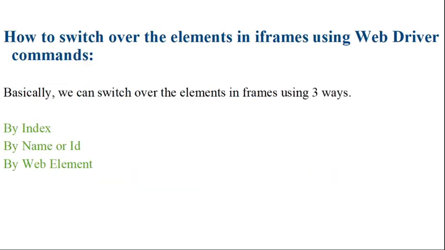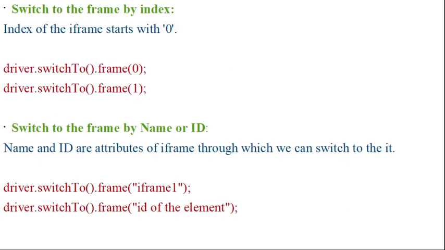Basically there are three ways to handle it. First is by index, second is by name or ID, and the third one is by web element. When you find a frame inside a web page, you need to switch to that frame first. How can you switch to that frame?